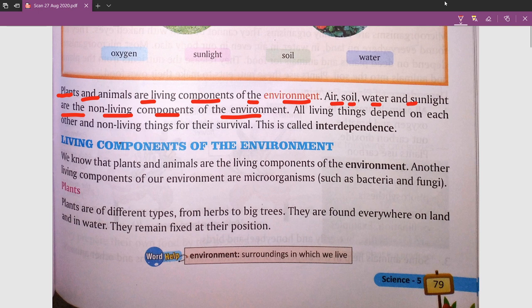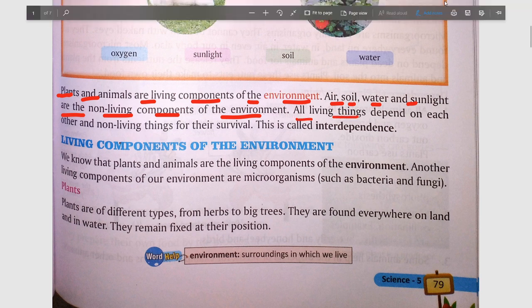When we talk about animals, animals means humans and all the animals which exist. Animals include human beings also. So plants and animals are the living components, but on the other hand, air, soil, water, sunlight are the non-living components of the environment. All living things, animals and plants, depend on each other and on non-living things for their survival. This is called interdependence.